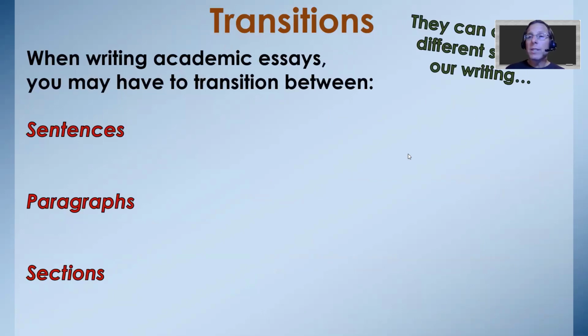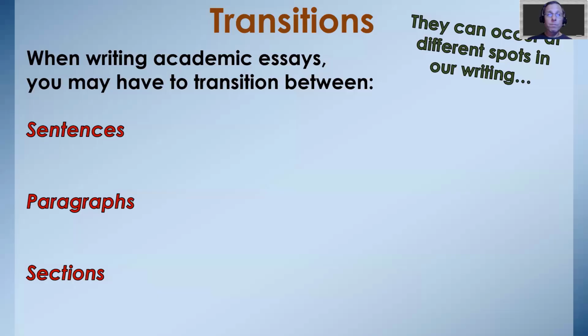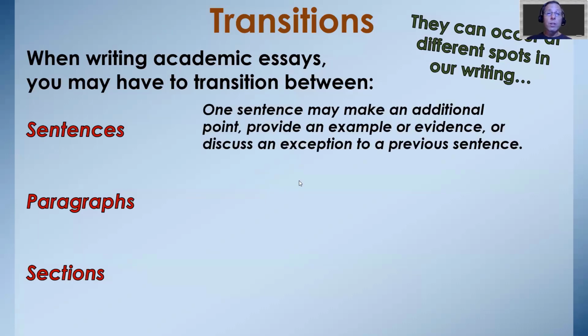When we're using transition words and phrases, we can use transitions between sentences in our writing. We can use transitions between paragraphs, and we can use transitions between sections of our writing. For our class, we are largely going to be talking about sentence and paragraph level transitions.